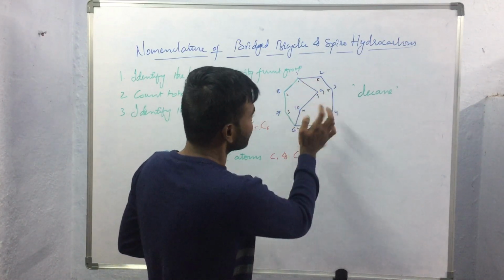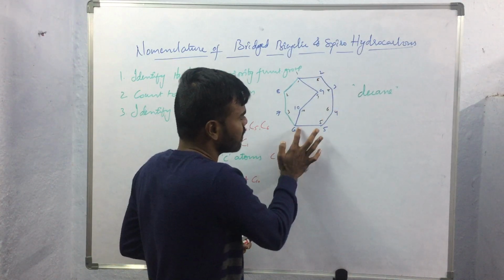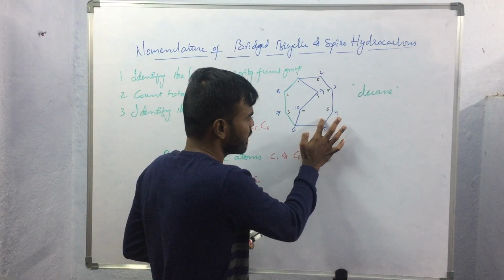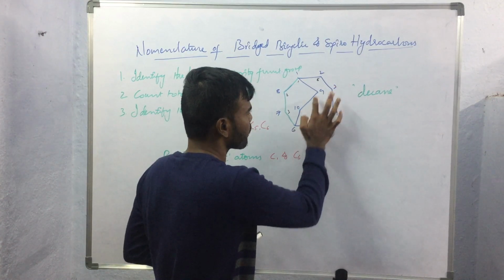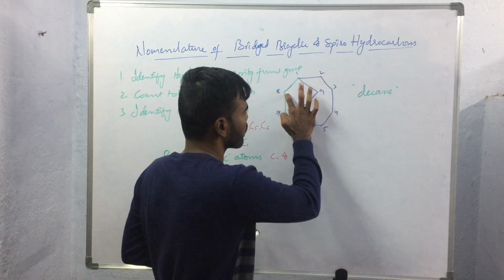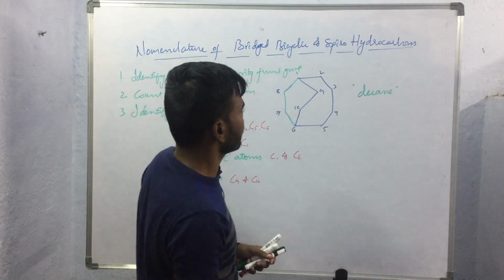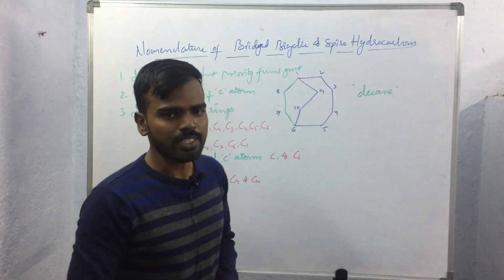So in this case, this will be the longest path and hence we will consider this numbering only. Like this we will be giving the numbering.